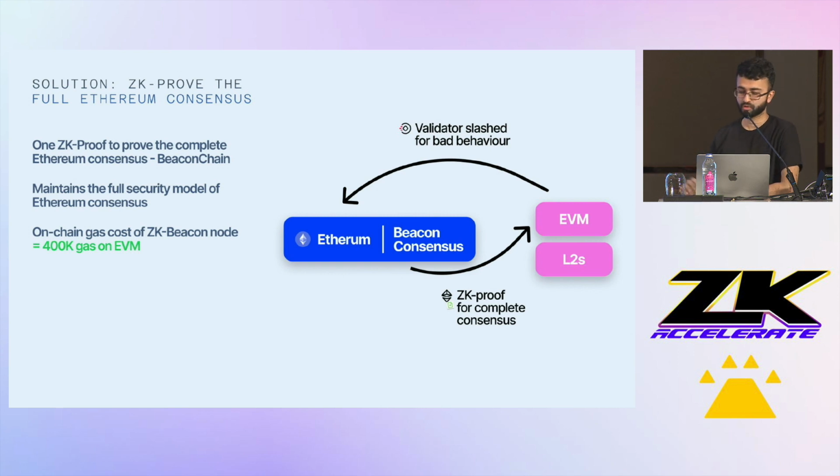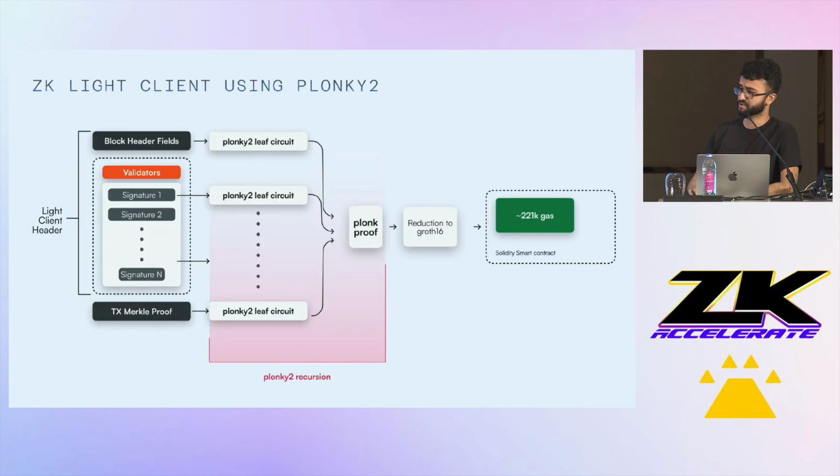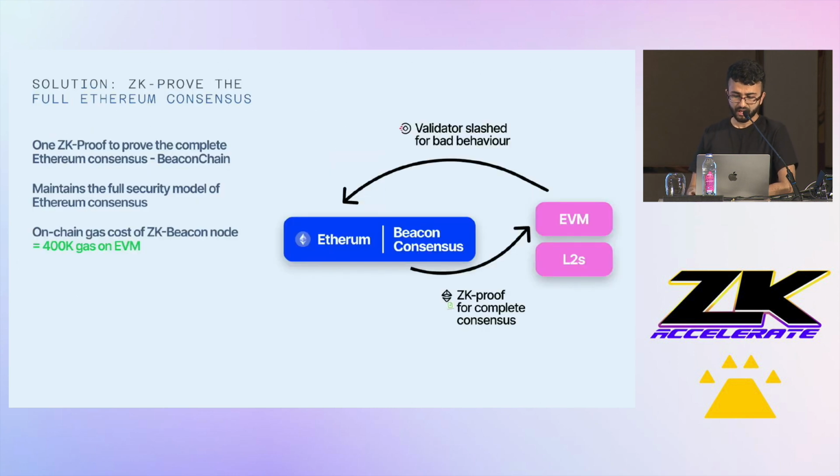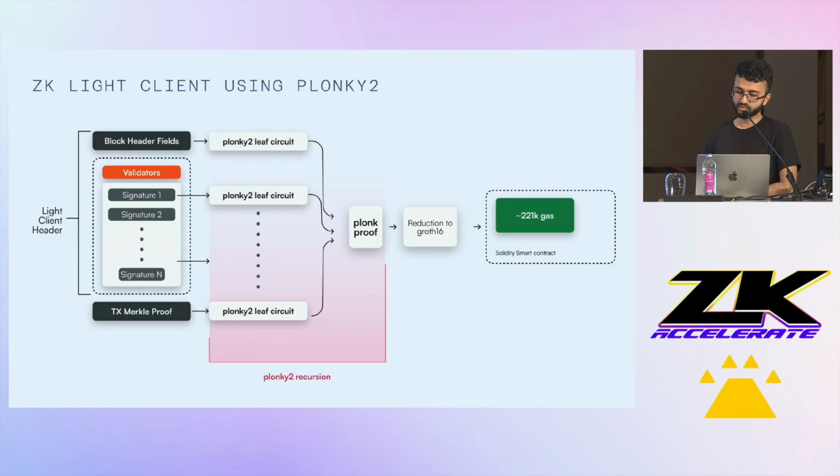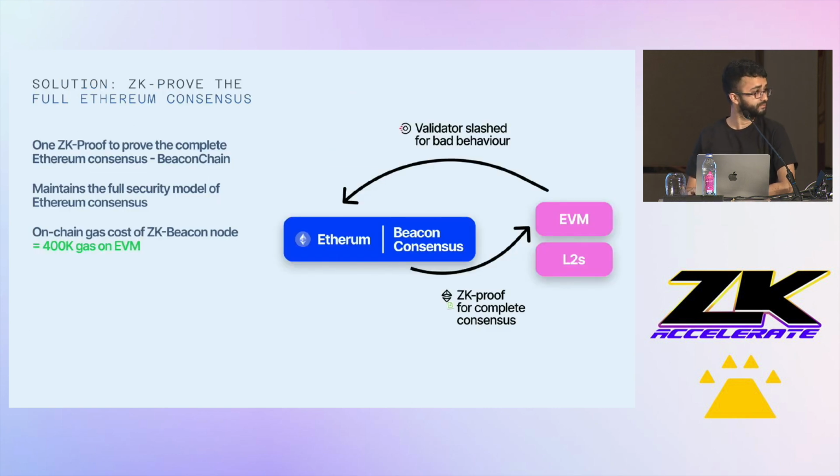It will probably take quite a while to build this, but definitely this is something we're going to see very soon. That will unlock all these use cases that we discussed just before. And we essentially use a combination of Starky, Plonky2, and Groth16 to run this entire infrastructure. I won't go too deep into the technical parts right now.